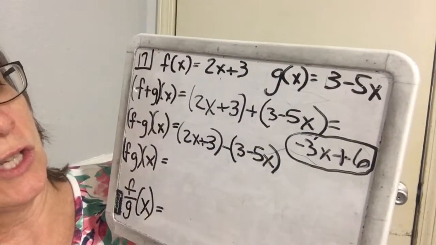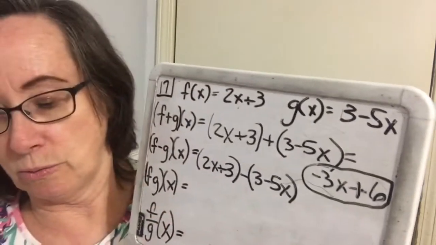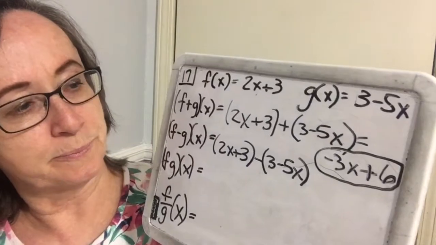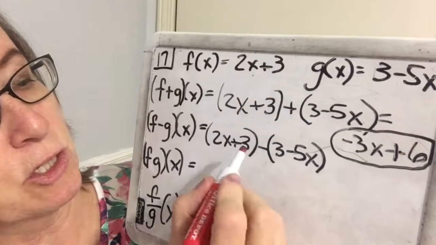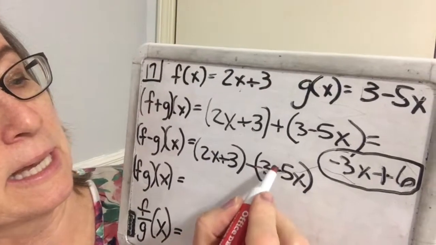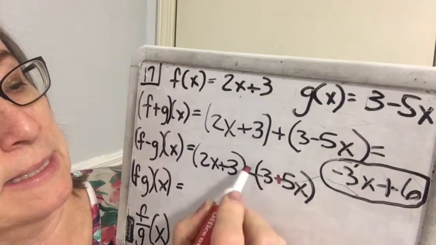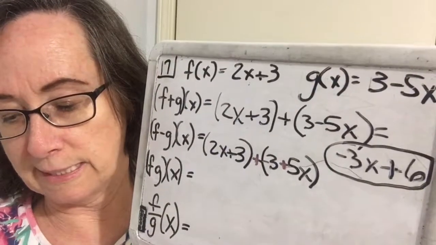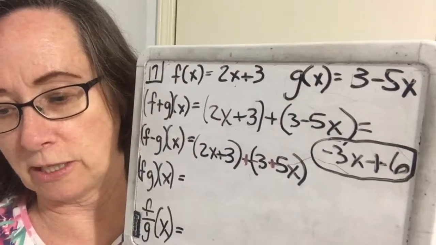Okay, so I'm going to go ahead with my little red marker here and distribute this minus sign. So that's going to become a minus, and that's going to become a plus, and now I can add so that you can see those signs changing there.